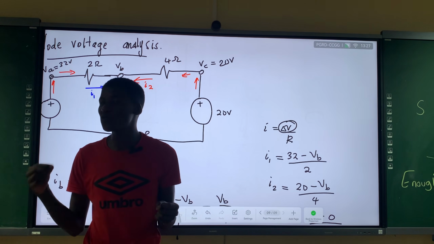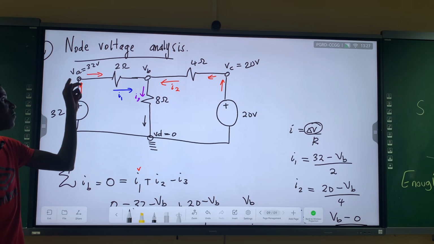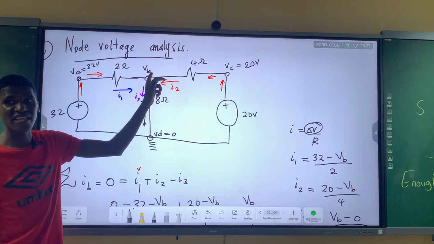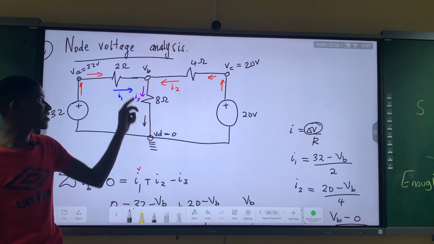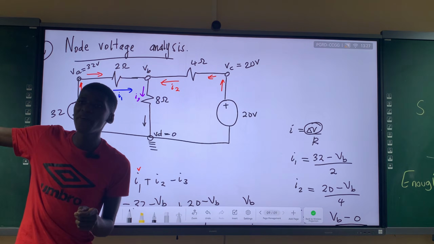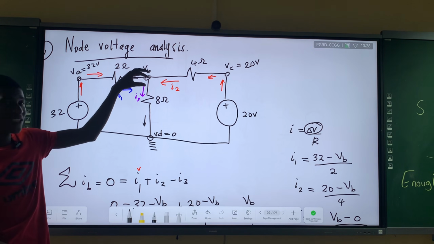To keep things safer, just say VA minus VP, this is VC minus VP, this is VP minus VT. So you just say current before the component, the voltage before the component, the voltage after the component.